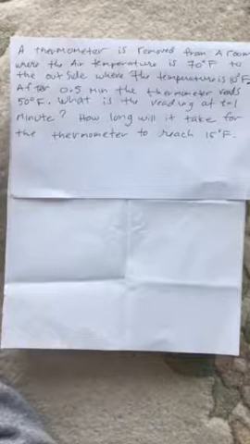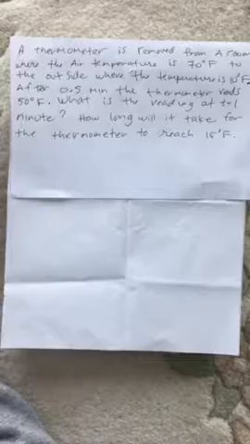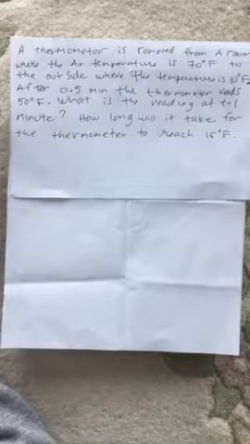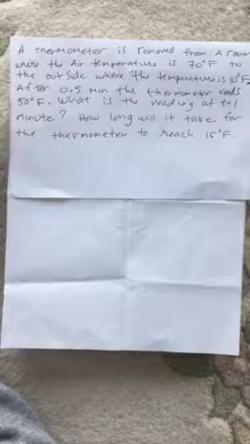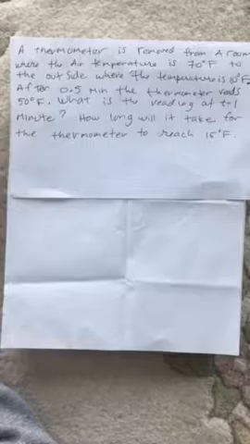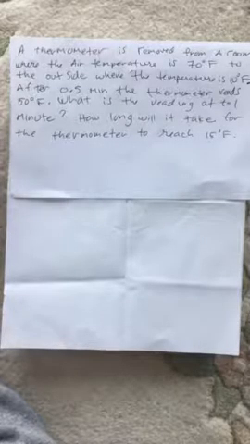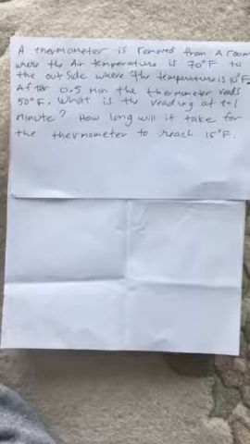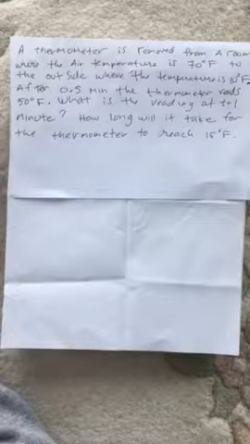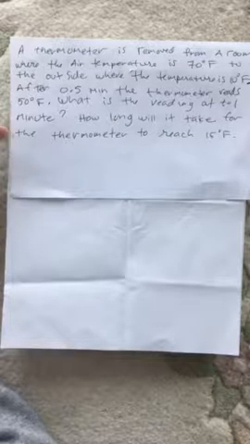A thermostat is removed from a room where the air is 70 degrees to outside where it's 10 degrees. After some time, 0.5 minutes, there's a temperature change. So that's a rate, but it's not the instantaneous rate. What is the reading at t equals 1 minute? How long will it take for the thermostat to reach 15 degrees Fahrenheit? Well, if you know the rate, you can know that.